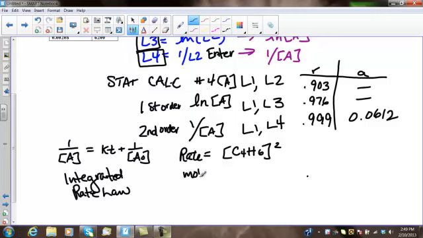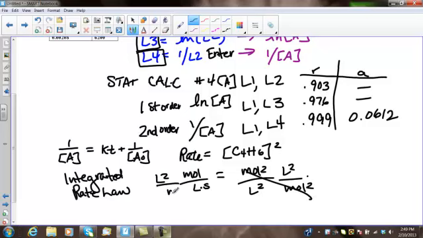So moles over liters seconds equals moles squared over liters squared, which I've already done for you several times. These cancel, and I'm left with liters over moles seconds.